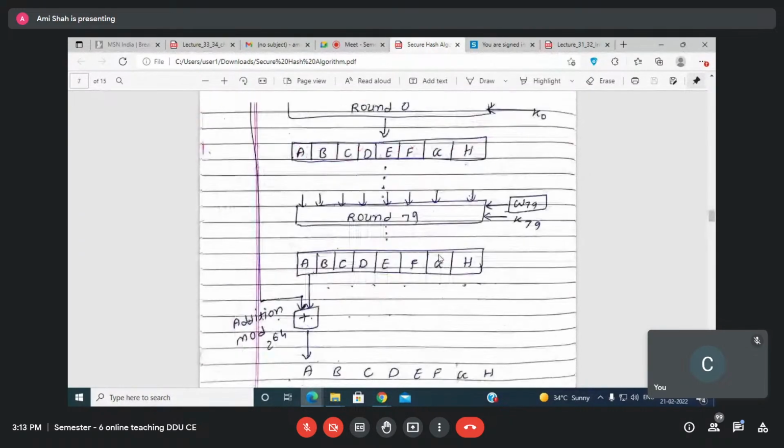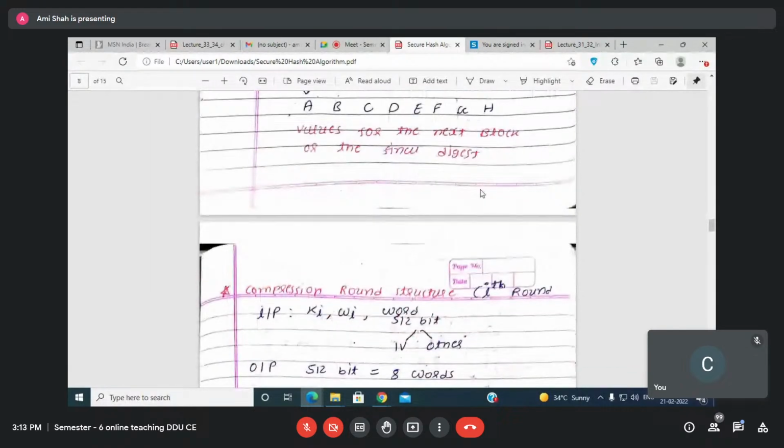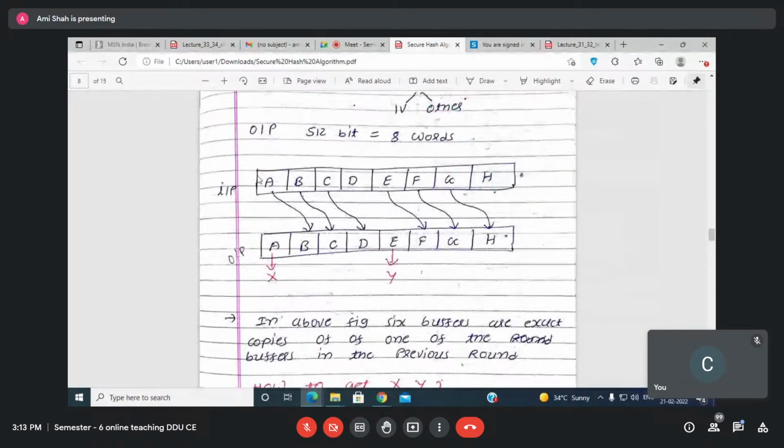I'm talking about round 0, everyone, how I am achieving this A to H. See what happened: A is copied to B, B is copied to C, C is copied to D, E is copied to F, F is copied to G, and G is copied to H. This thing is done. So this is my initial digest.